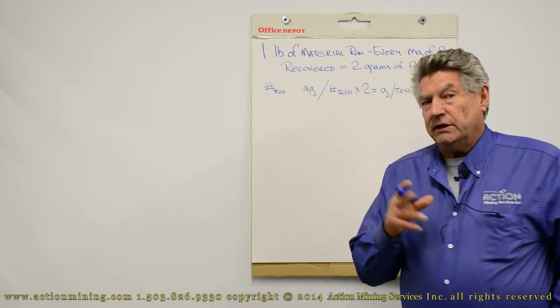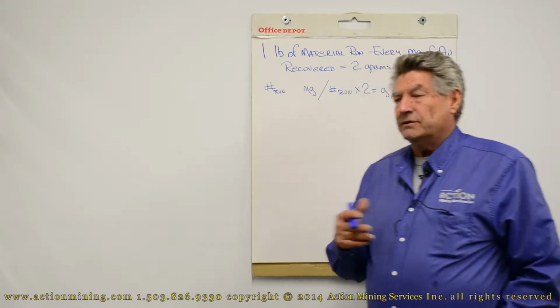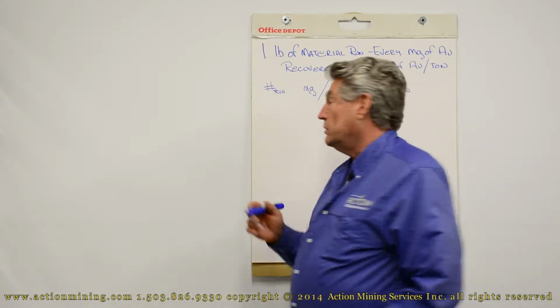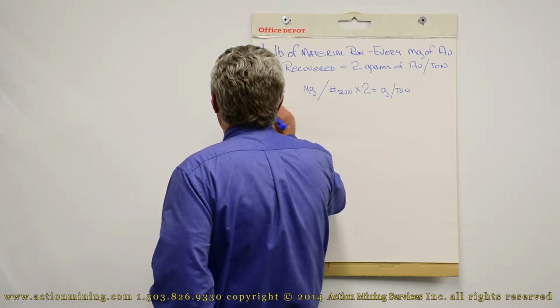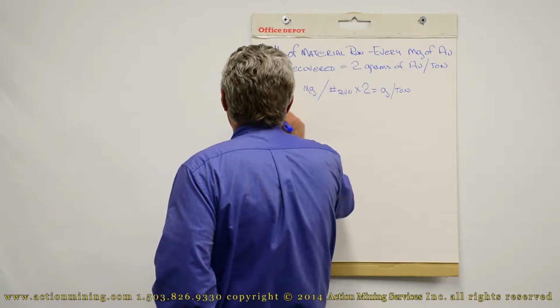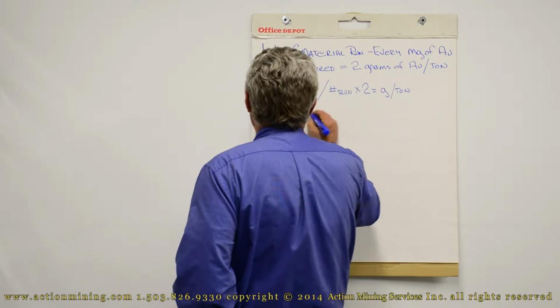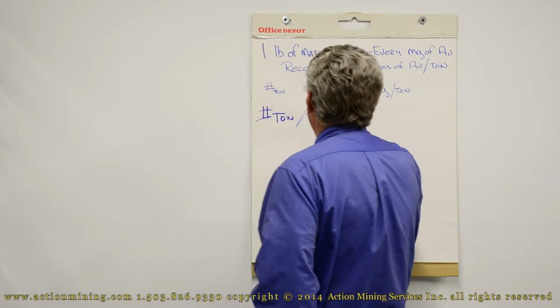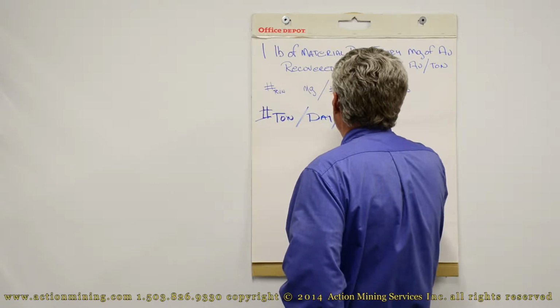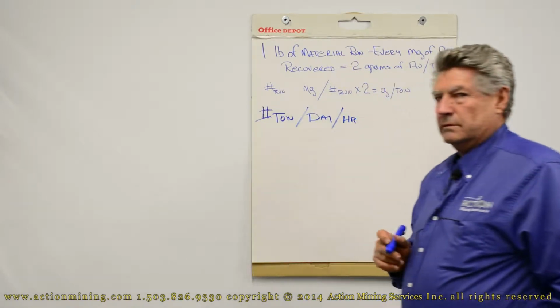Because there's basically 2 questions you have to answer to figure out what you're going to do. And that's the number of tons per day divided by the hours you're going to run.